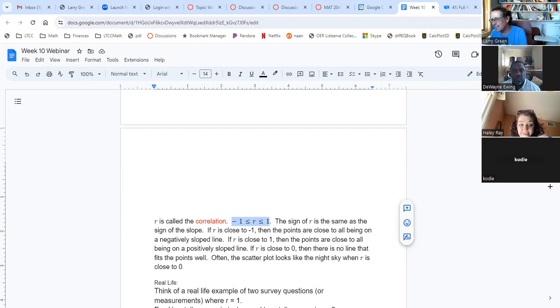Let's see if you can say it or post in the chat box an example where you're going to have a correlation of exactly 1. See if you can come up with one. I'll give you a minute or so to think about one and put it in the chat box. So when would the correlation be exactly 1?